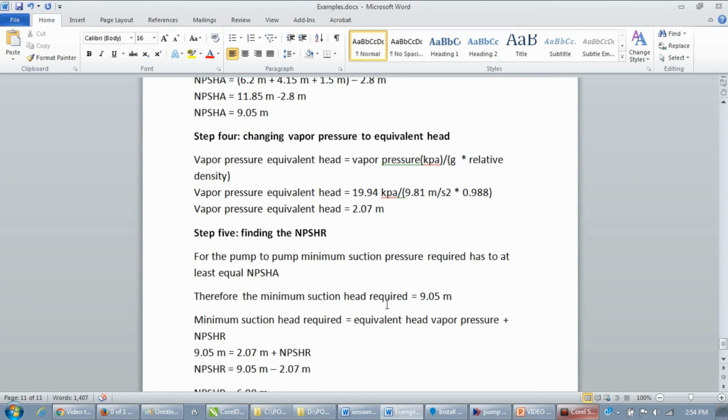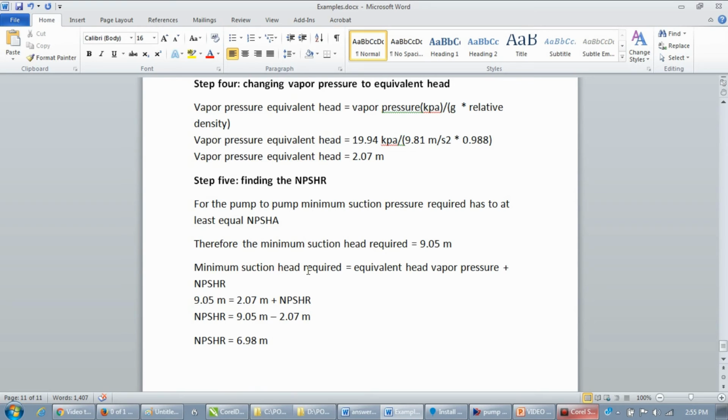Step 5. Finding the net positive suction head required. For the pump to pump, minimum suction pressure required has to at least equal the net positive suction head available. Therefore, the minimum suction head required is 9.05 meters.